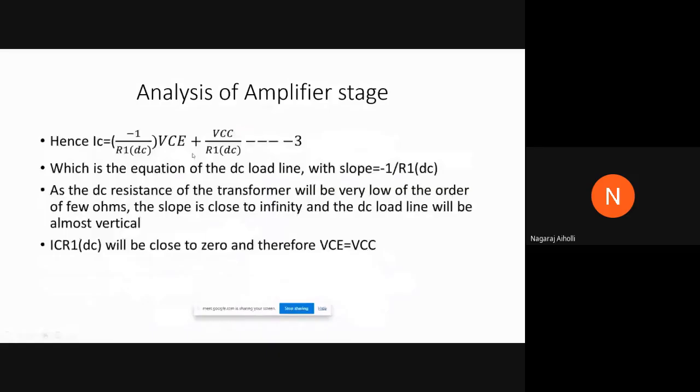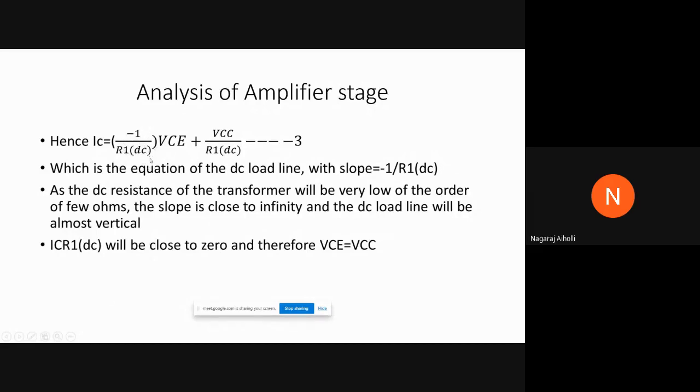That is VCE equal to VCC minus IC into RAC, then I will get IC equal to minus VCE by RAC plus VCC by RAC. It is of the form Y is equal to MX plus C, where M is equal to -1 upon RAC. Is it not? That will become the slope. That is how we are getting -1 upon RAC as the slope of the load line.